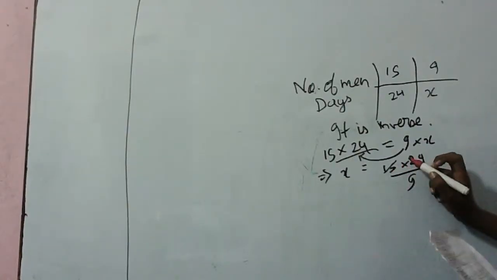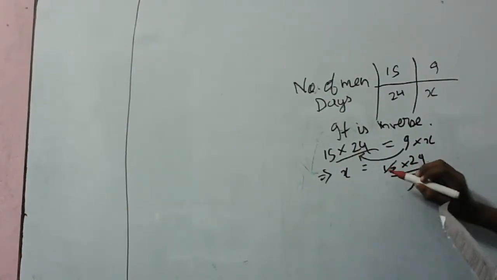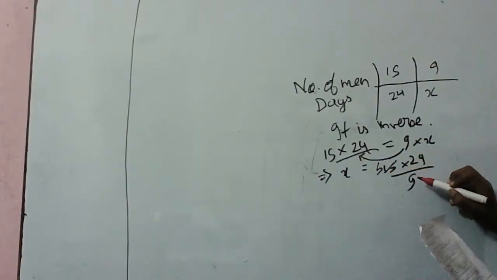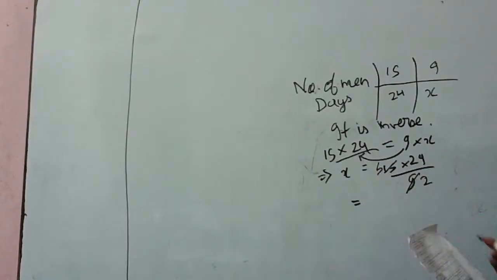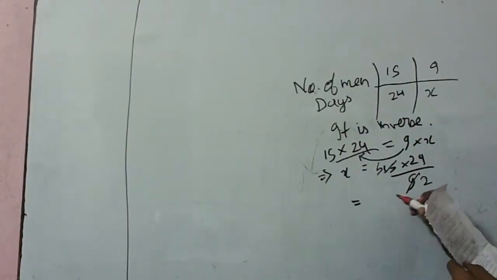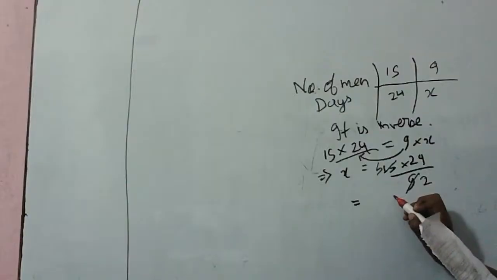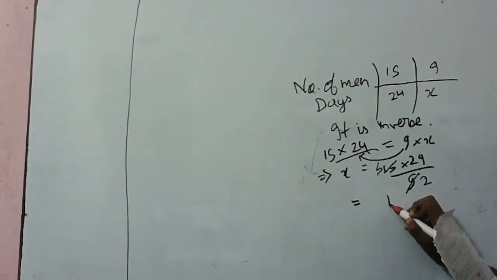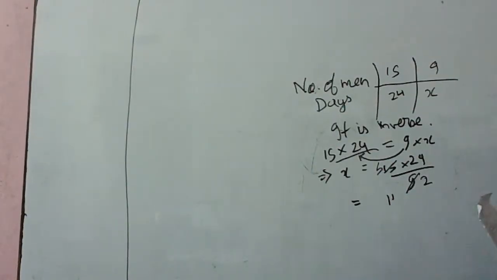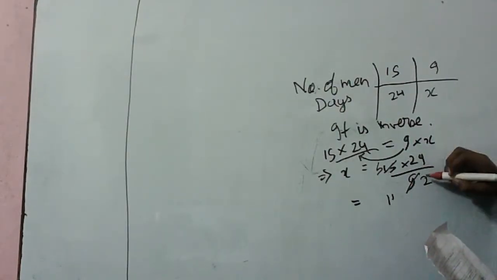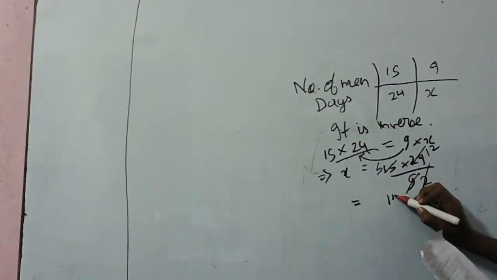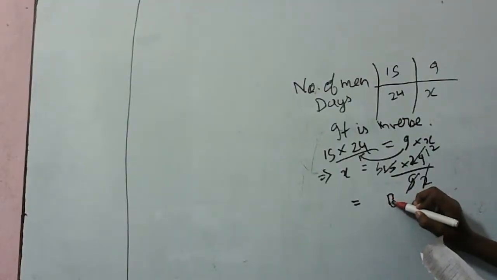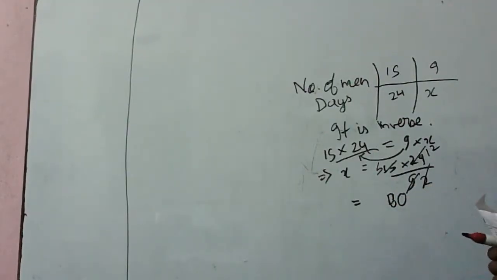We know that 3 into 5 equals 15. Therefore, it will cut with 5 and it will cut with 2. 24 cuts with 2, 12. This implies 60.